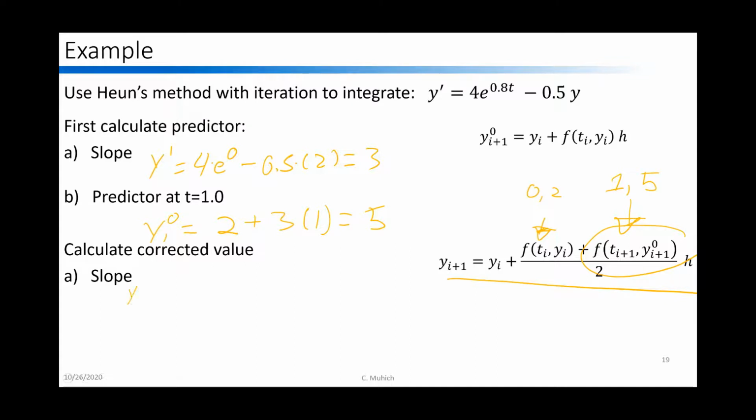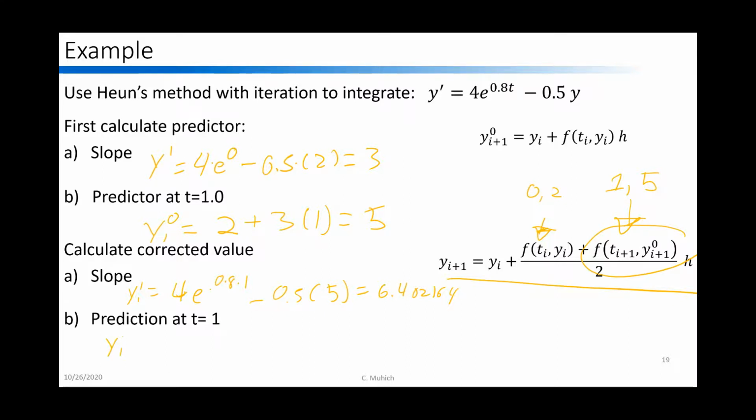So we say y prime 1 is equal to 4e to the 0.8 times 1 minus 0.5 times my y value, which is 5. And when I do this out, I get 6.40264.